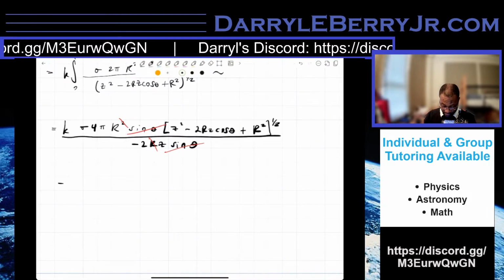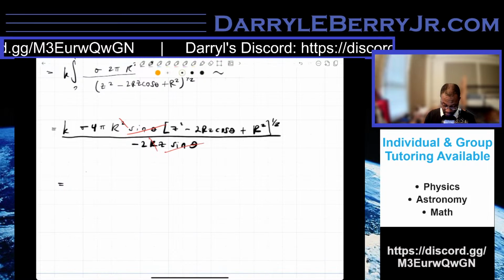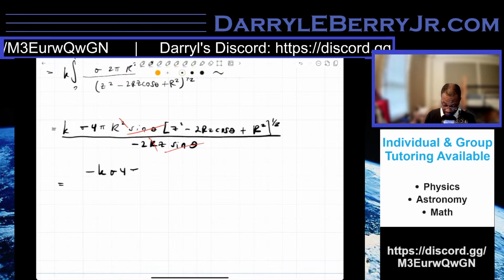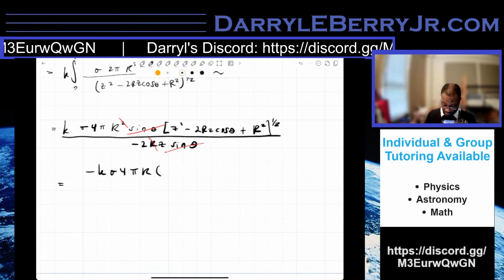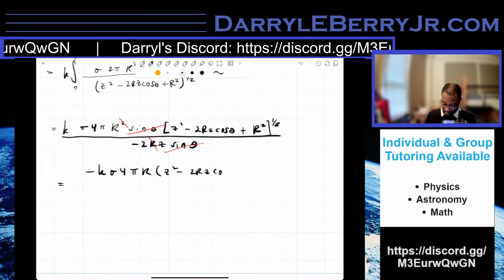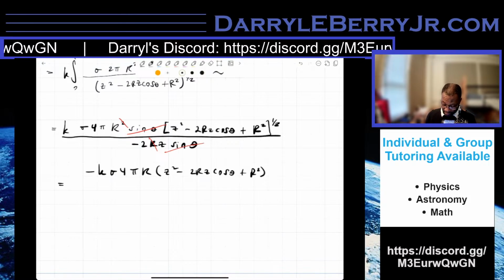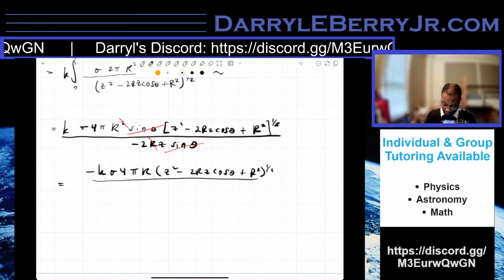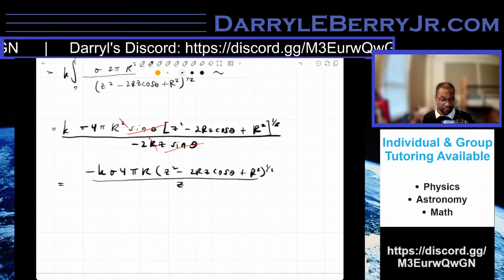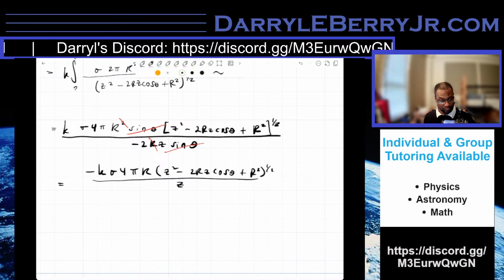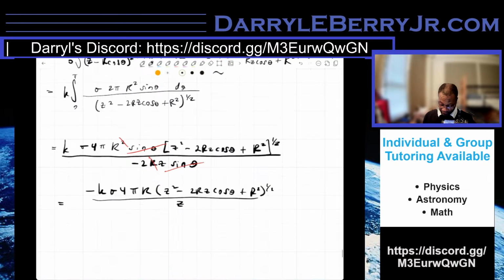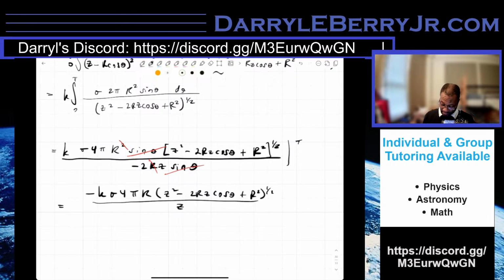I believe I will get negative k sigma 4 pi R times z squared minus 2rz cosine theta plus r squared to the 1/2 over z. It's going to be evaluated from pi to 0.